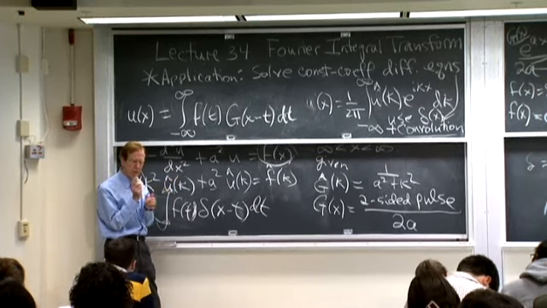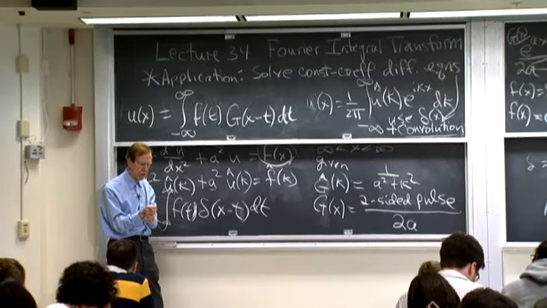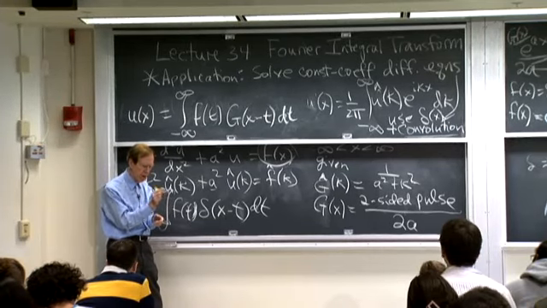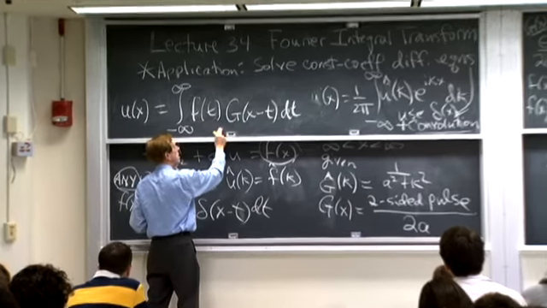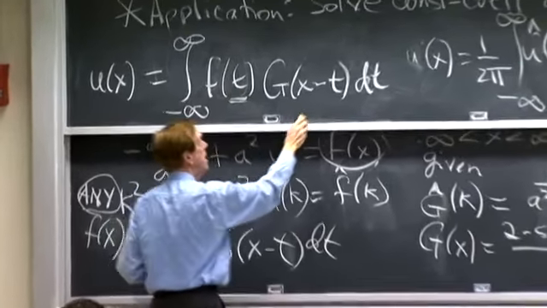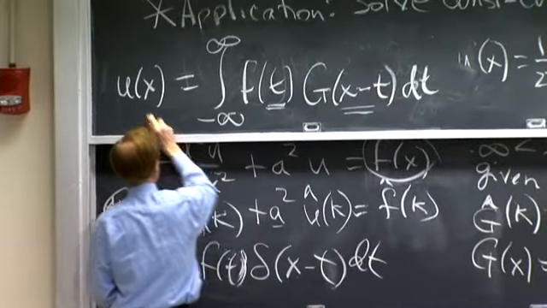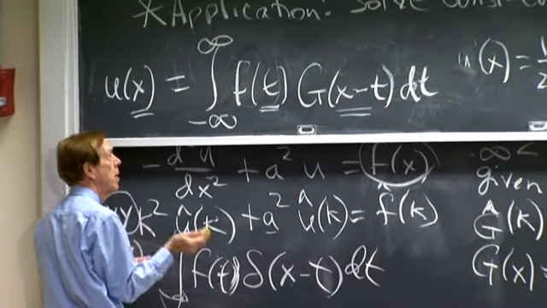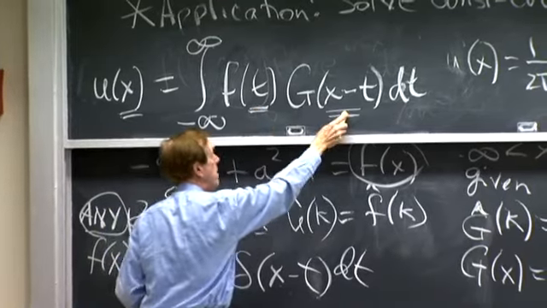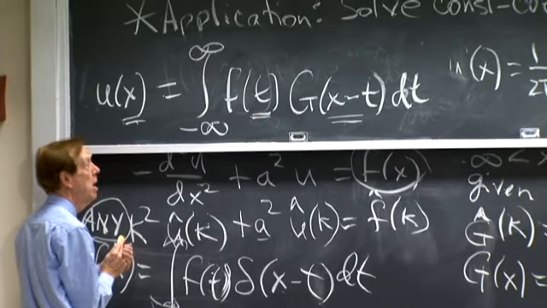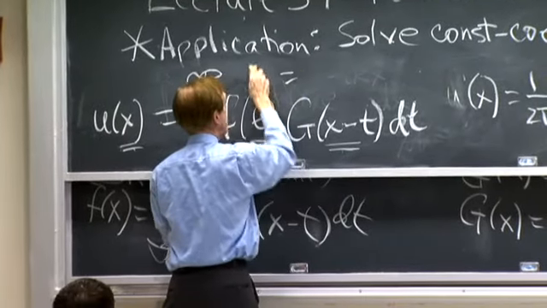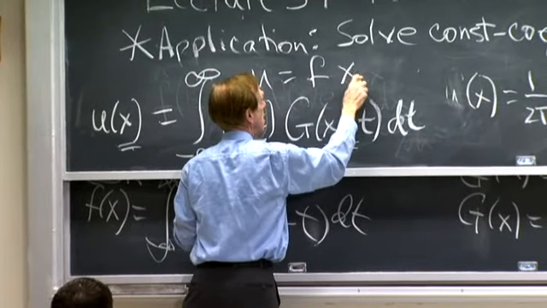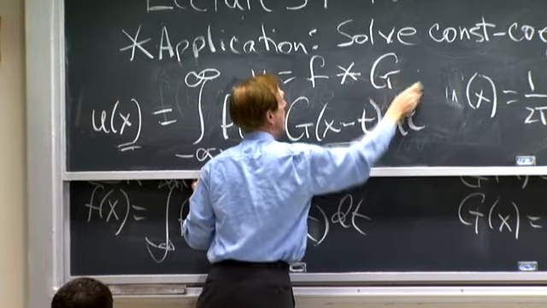We didn't do integral convolutions, we just did the discrete sums, but I mentioned that in the integral case, you have this same thing, t and x minus t adding up to x, just the way we had k and n minus k adding up to n. This is just notation, but I'm going to write the answer in a nice way.